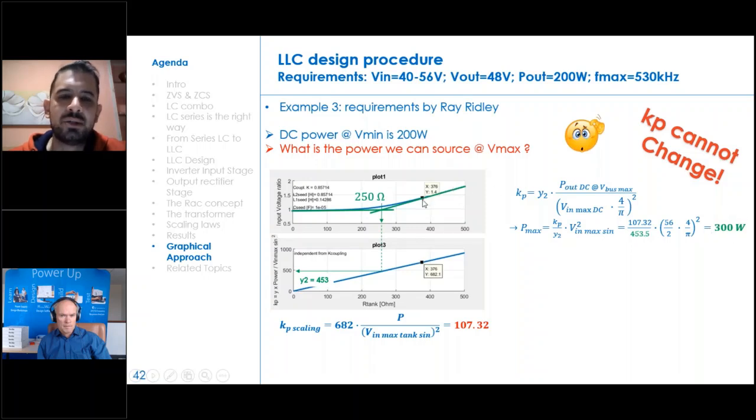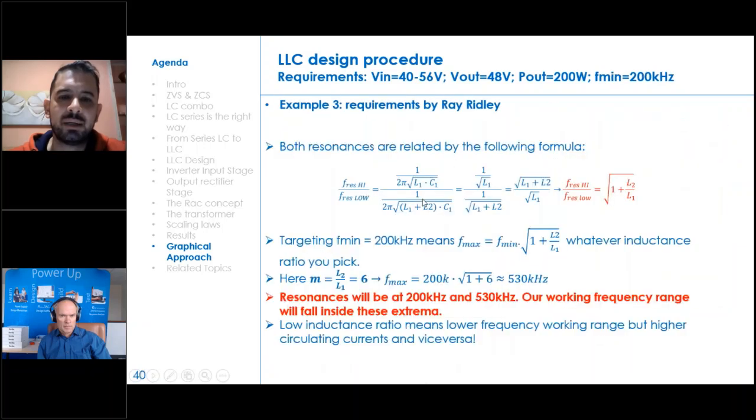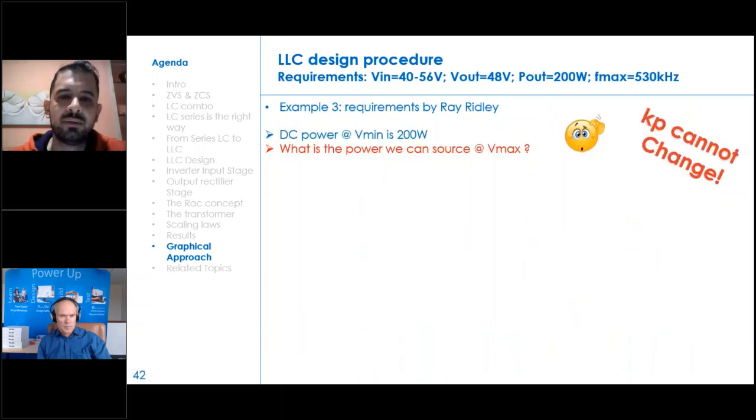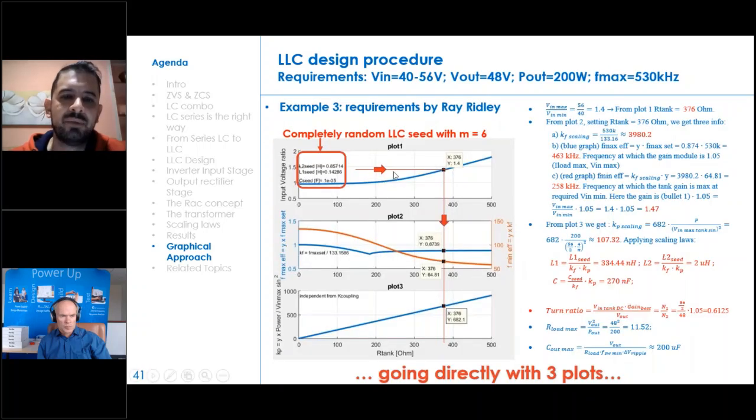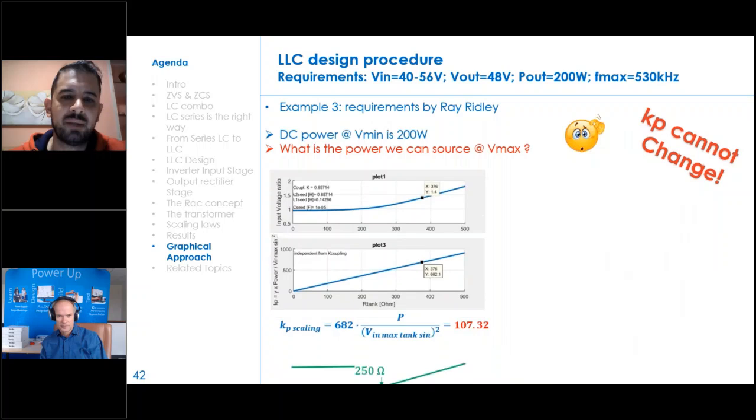What about the resistor here? Let me switch back a bit just to give you a better grasp on that. I have identified before, always the Ray example, that the resistor I need to get 200 watts is here, 376. So this one is the resistor I need to guarantee the minimum power. Let's check if it is true from the graphical plot.